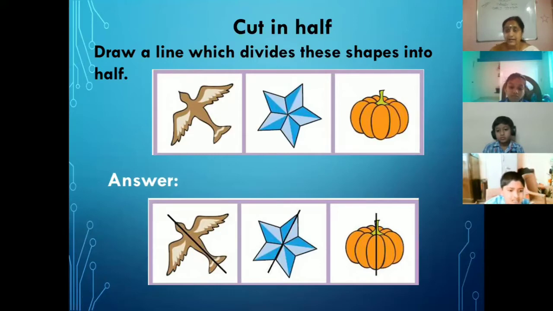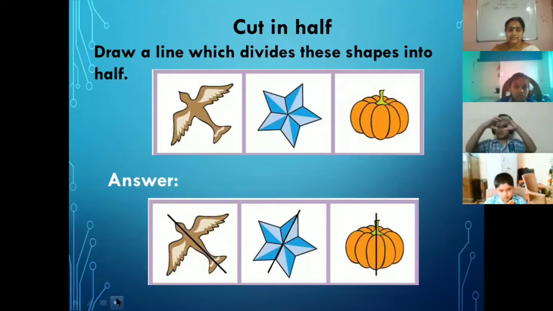You learned it in class 3. It is symmetric line. Did you remember the symmetry? Symmetric line. Very good, Karthik. So like this, we can draw the line so that we can cut the picture into two equal parts.